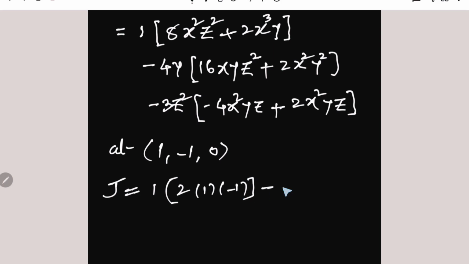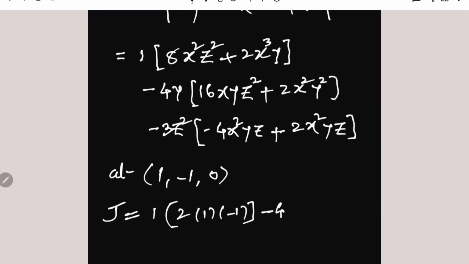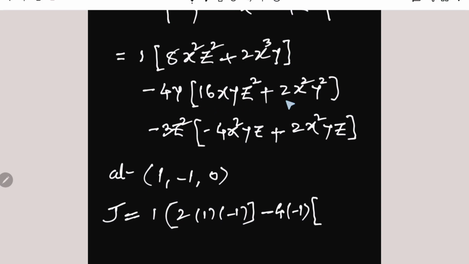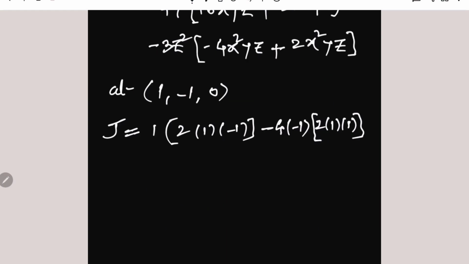Then minus 4 into y, the value of y is minus 1, multiplied by, again there is a term of z, therefore this term becomes 0. The second term becomes 2 into x square, 1 square is 1, and minus 1 square is 1. And the outer term is minus 3z square.